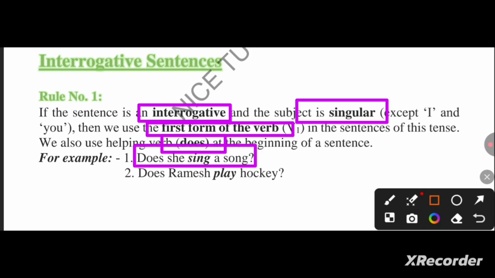Here does has been used at the beginning and the subject she is a singular one, and only the first form of the verb, sing, has been used. Similarly, in the second sentence, the same rules are applied over here.